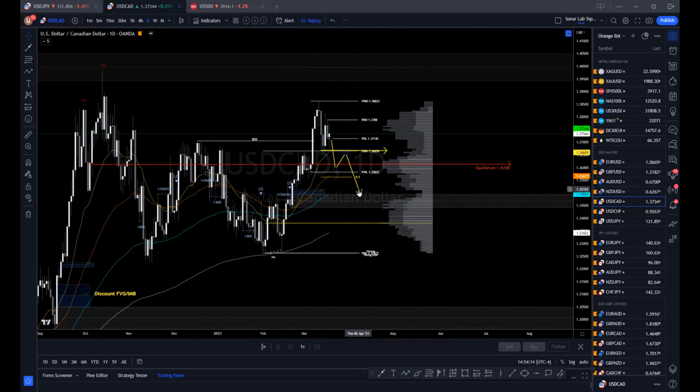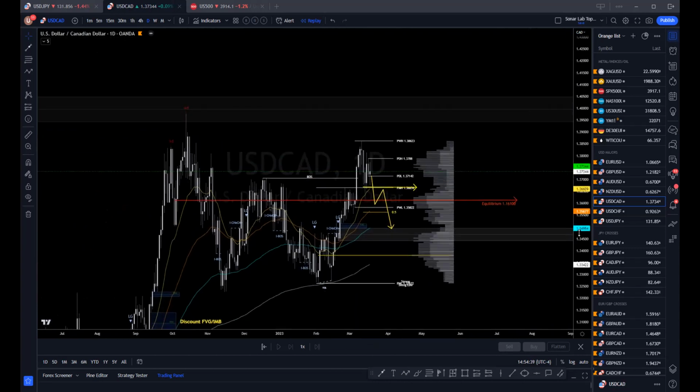So what would need to happen for that to happen? Well, we need CAD to be strong and then dollar to be weak all week. I can see probably the CAD strength, but I'm not in the camp of shorting against the dollar with the expected FOMC rate decision, right?